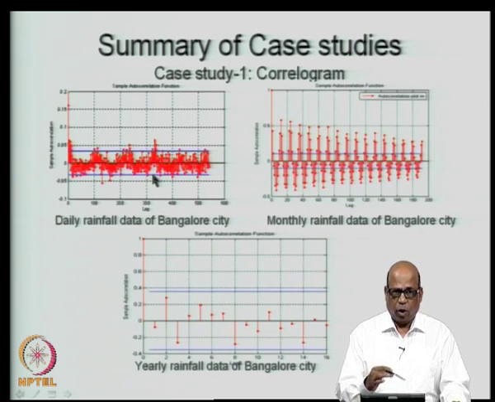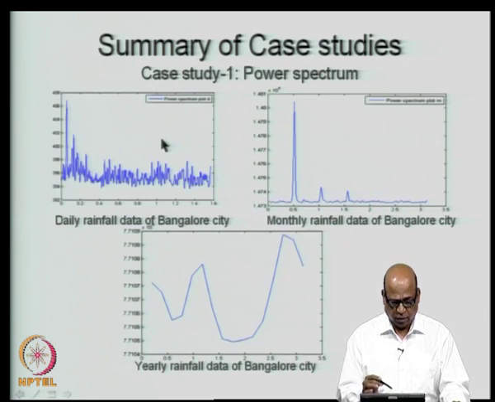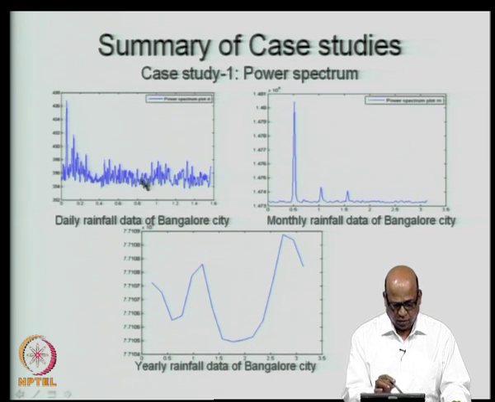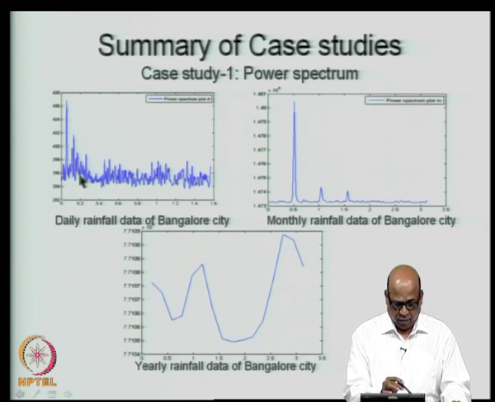We went on to plot the spectral densities for each of these cases. For the daily rainfall, the spectral density appears like this, indicating that there is no single frequency at which a large contribution to variance takes place. So, this is more or less like white noise, whereas the monthly data throws up some significant periodicities.